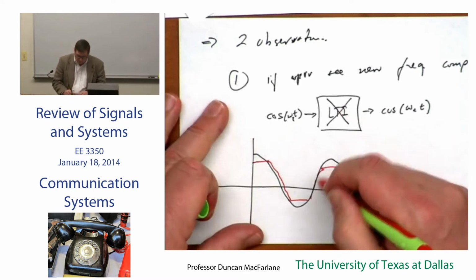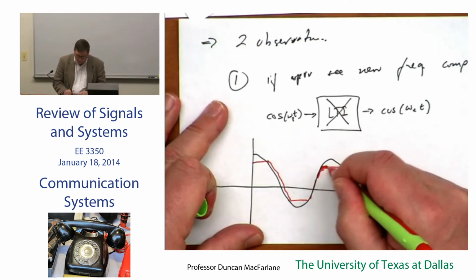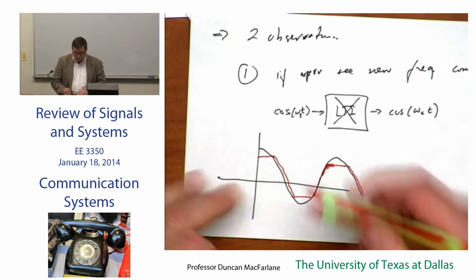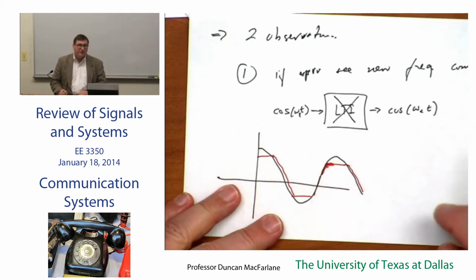And see how sharp that bend is? That's a slope discontinuity, right? And the Fourier series of the black line is a cosine, 440 hertz.